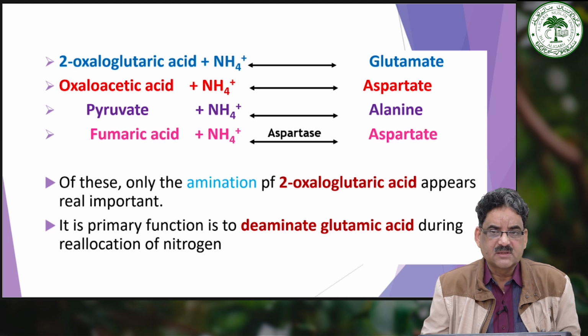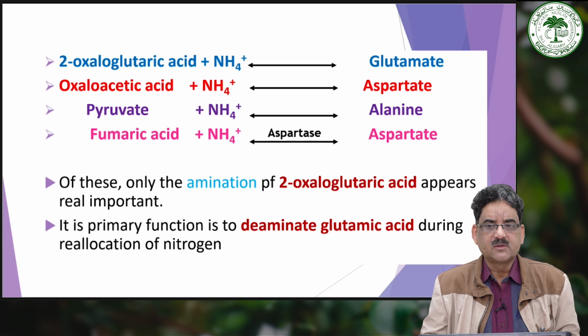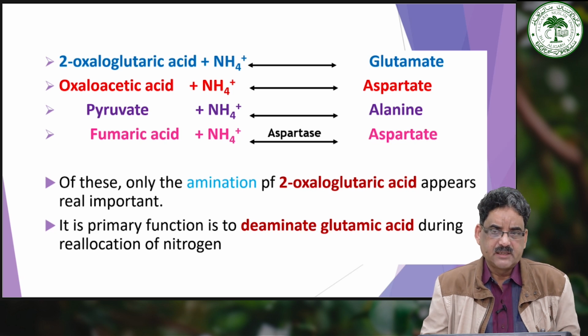Among these processes, the amination of 2-oxoglutaric acid is particularly significant. Its primary role is in the deamination of glutamic acid, especially during the redistribution or relocation of nitrogen.